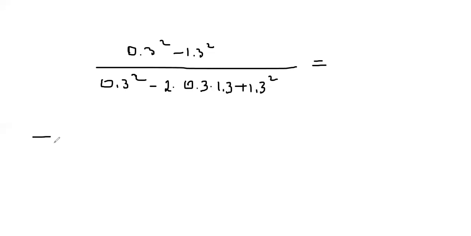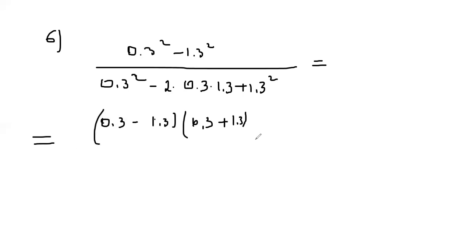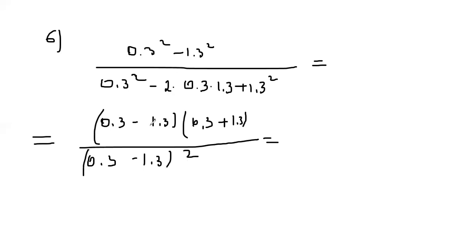So here we have 0.3 minus 1.3 times 0.3 plus 1.3, divided by, as you can see from the denominator, 0.3 minus 1.3 squared.